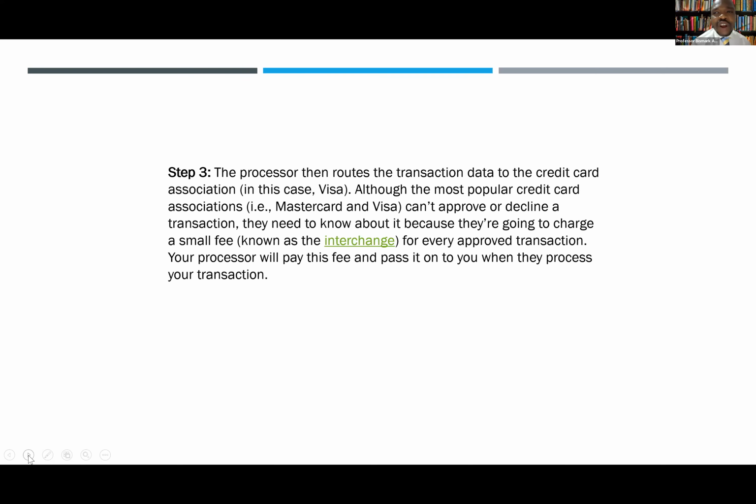So remember, we're talking about there being a middleman or middle person or the gateway. So for this example, it's extremely important that even though we heard of Alipay, Visa, MasterCard, and any of the big associations, they don't process for free.